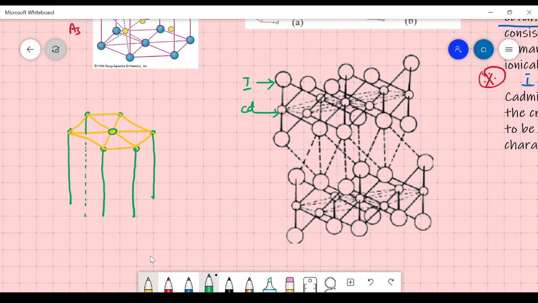Stop with this. See what I'm doing. I'm just drawing more structure like this. Okay, so this will constitute the 6 atoms there.